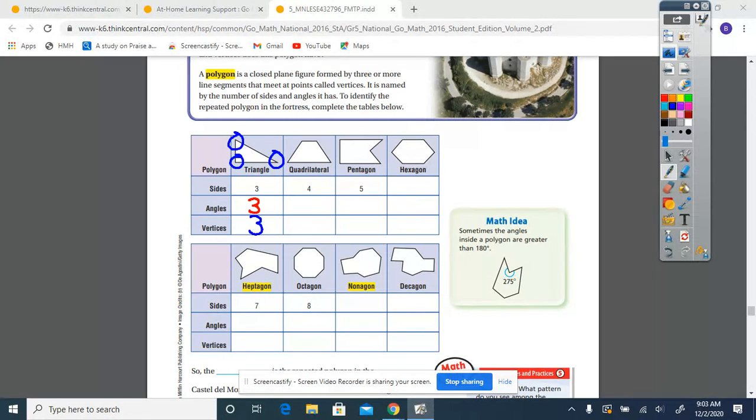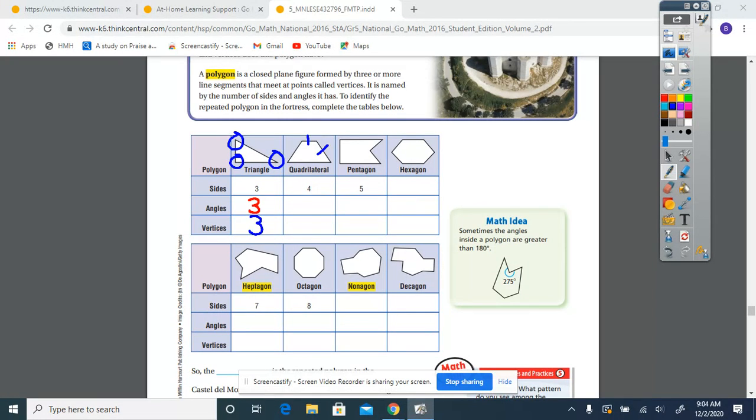For a quadrilateral, I want you to think of the prefix quad, like the quad you might have, a four-wheeler that's sometimes called a quad. It has 4 wheels. So a quadrilateral is any two-dimensional figure that has 4 sides. They've already listed that here.